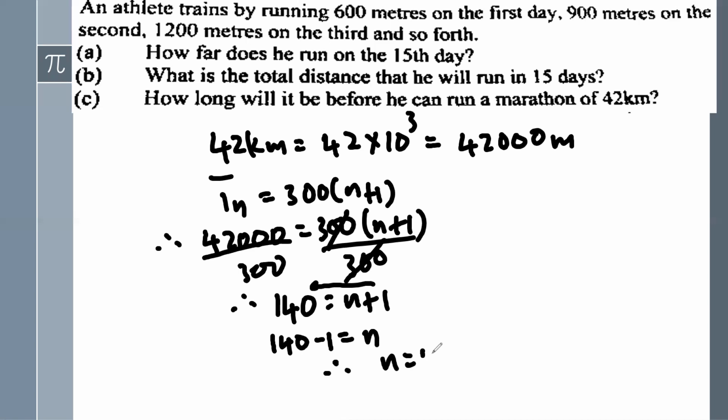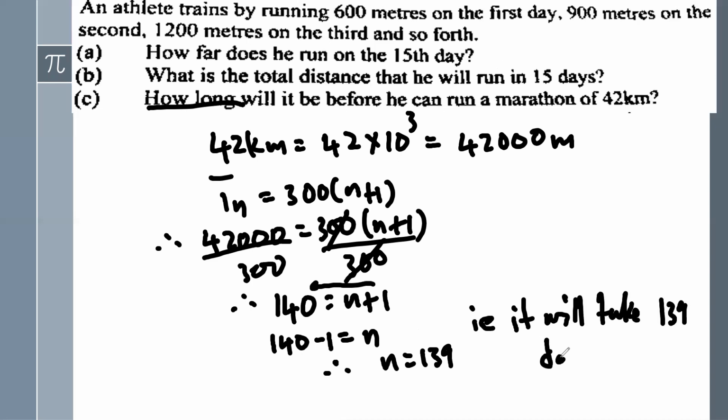Therefore, n is 139. But what does this mean? Remember, the question asked how long, and we have established that in Tn, n represents the number of days. So in essence, it will take 139 days before he can run a marathon of 42 kilometers.